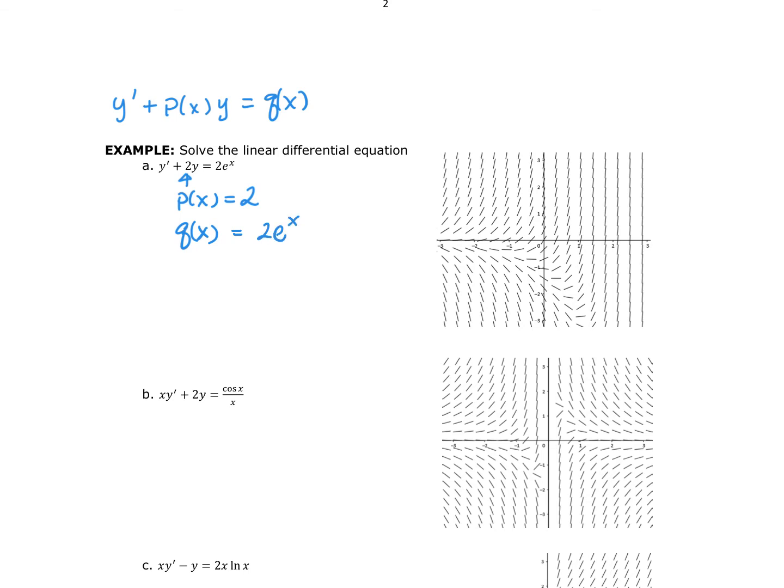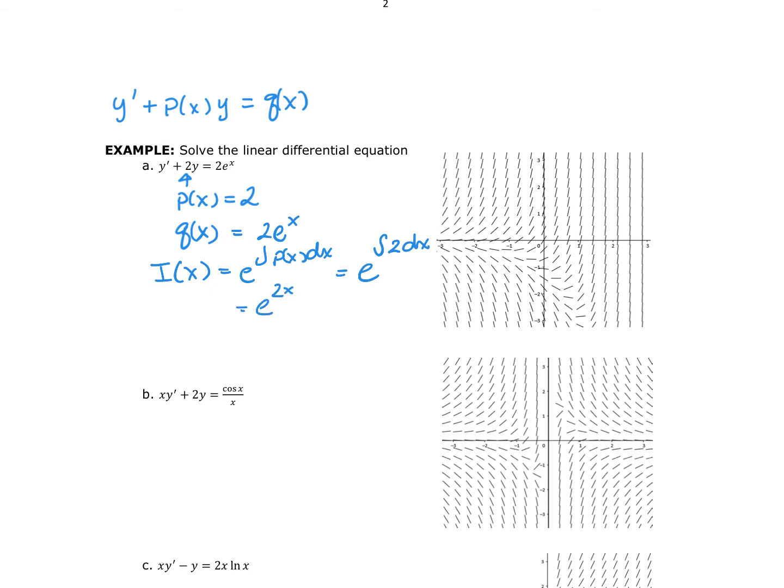Now my integrating factor, I call this I of x. My integrating factor I of x is e raised to the integration of that p of x dx, which is e raised to the integration of 2 dx. When I integrate 2 dx, that's just going to give me e raised to the 2x.